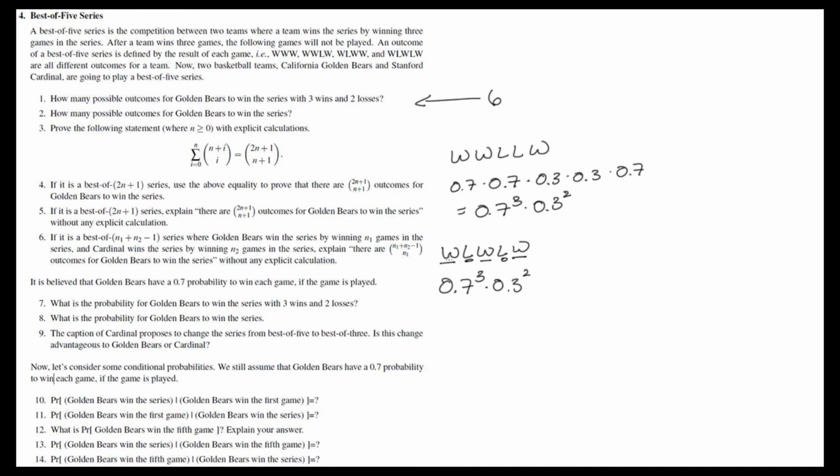So we see that no matter what order these wins and losses come in, we have a 0.7 to the 3 times 0.3 squared probability of each one. Therefore, the total probability is 6 times 0.7 cubed times 0.3 squared, which turns out to be approximately 0.185.